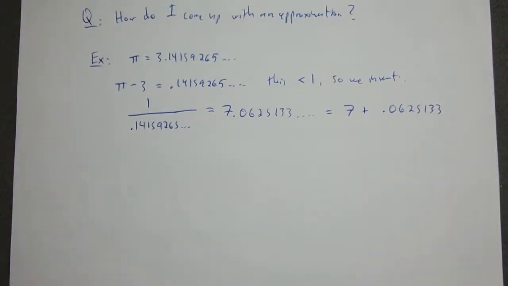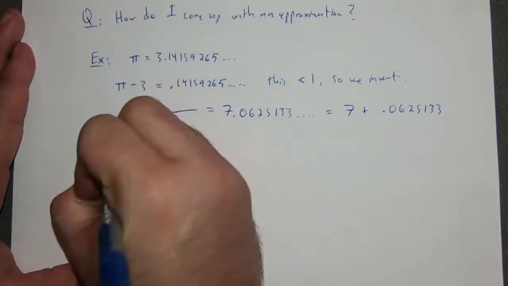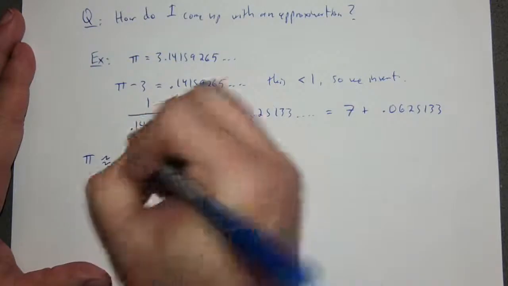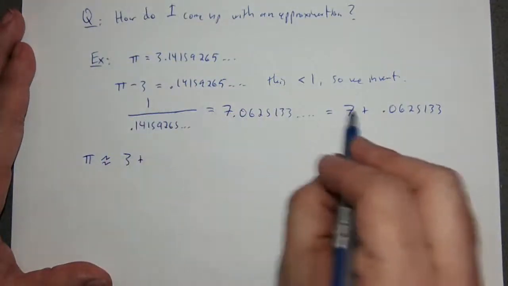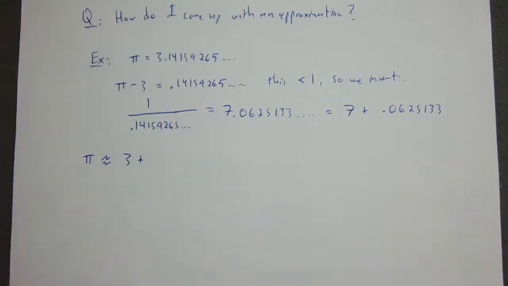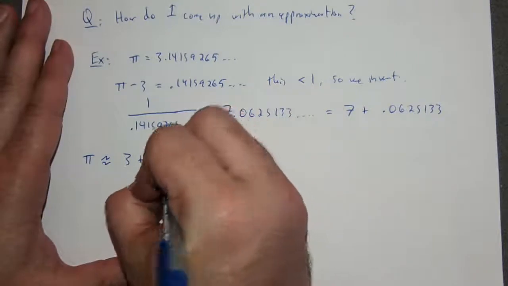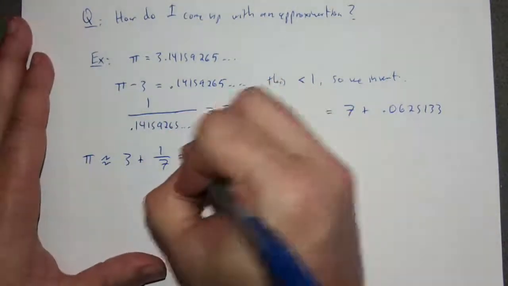How does this help you? Well, you could say pi is approximately 3 plus 1 over the integer part of this, which is 7. So 3 plus 1 over 7 is an approximation, and that's 22/7.